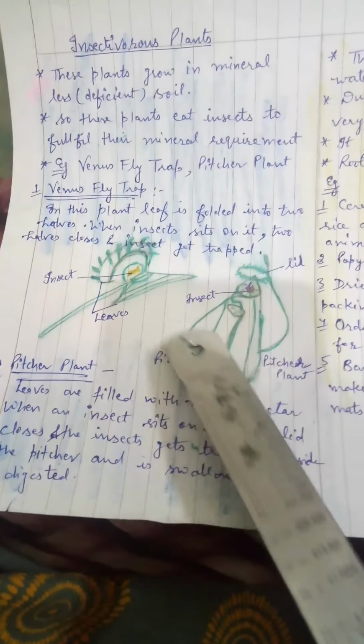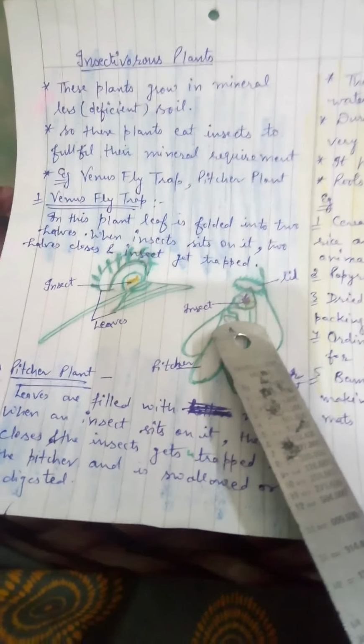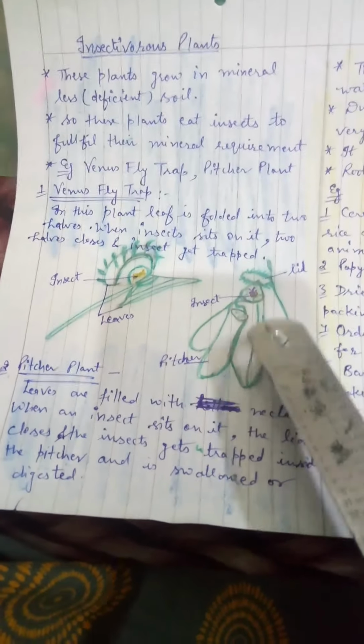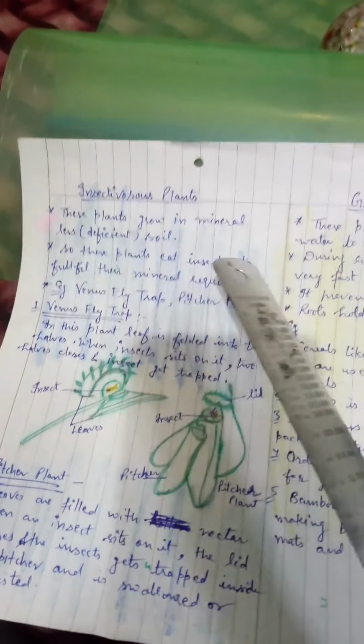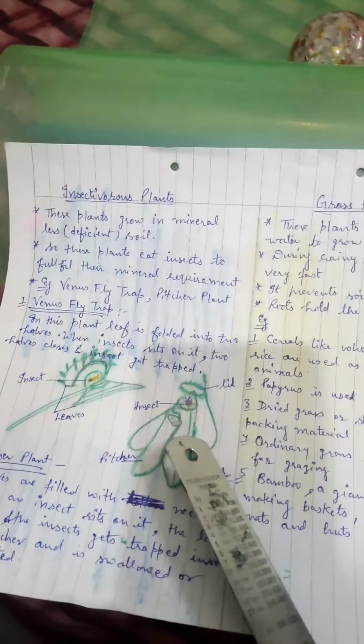So in this way, this pitcher plant takes the insect, eats the insect and completes its mineral deficiency from the insects. So this is all about the insectivorous plants. These are the two examples, Venus flytrap and pitcher plant.